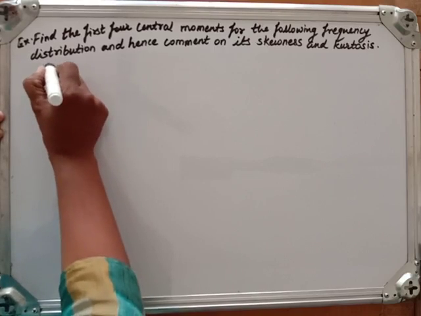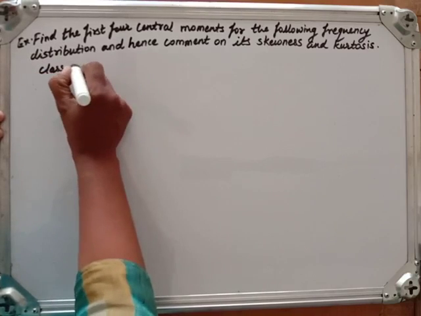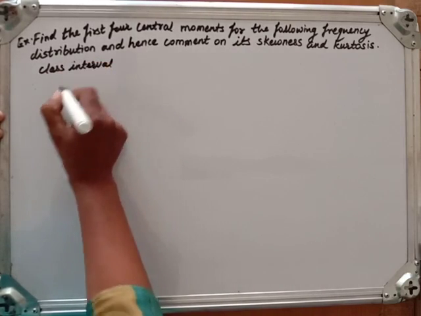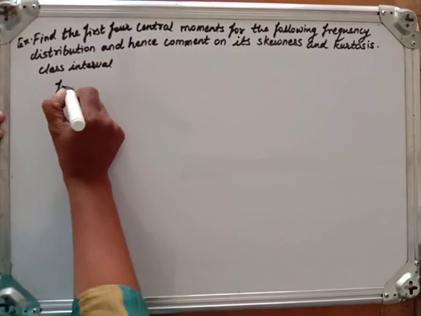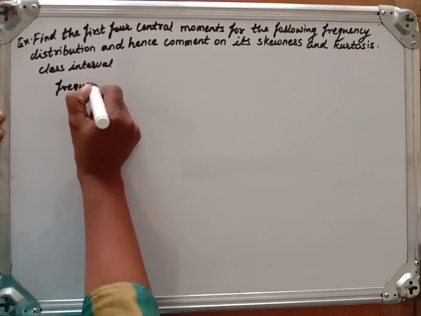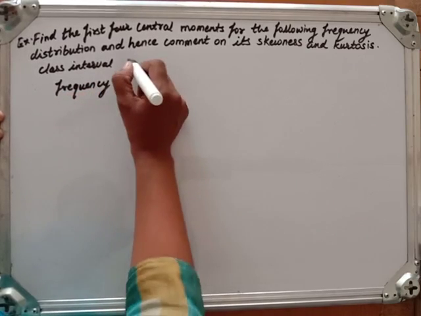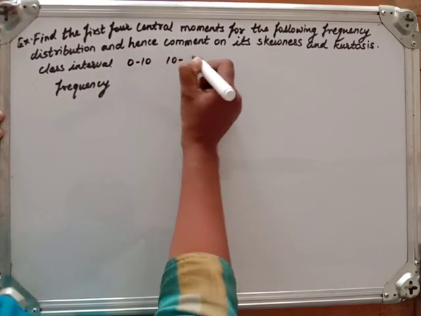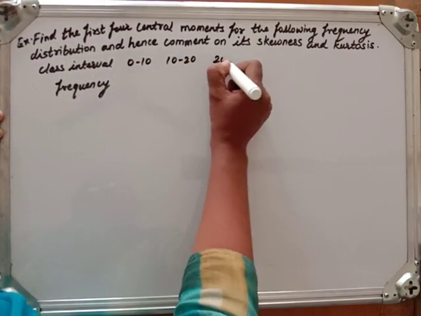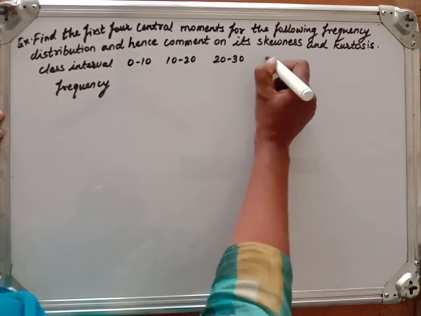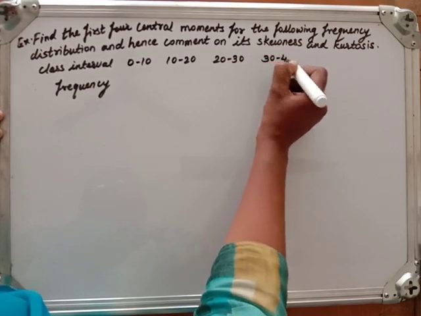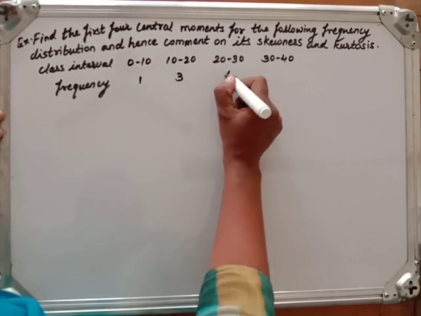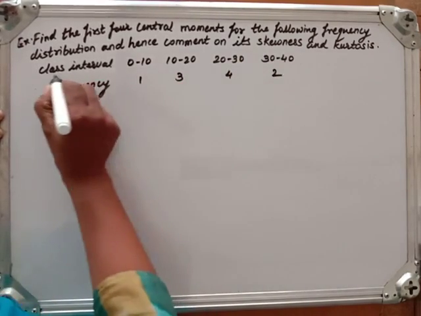The data is the class interval and frequency. The class intervals are 0 to 10, 10 to 20, 20 to 30 and 30 to 40, and the corresponding frequencies are 1, 3, 4 and 2.